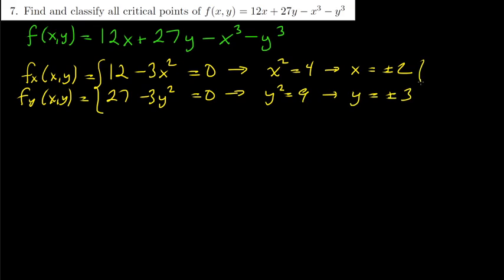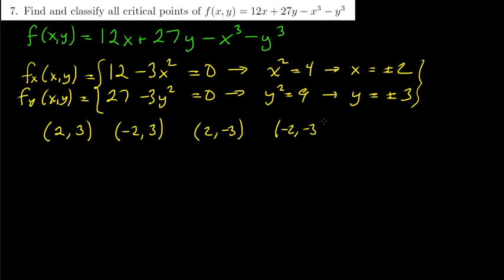And notice these are all independent, right? So the critical points are going to be where x is positive 2, y is positive 3. X could be negative 2, y could be positive 3. X could be positive 2, y could be negative 3. And then they could both be negative, negative 2, negative 3. So we have a total of 4 critical points.